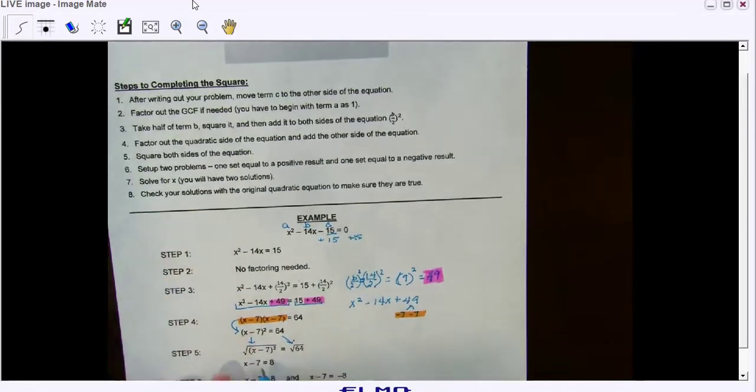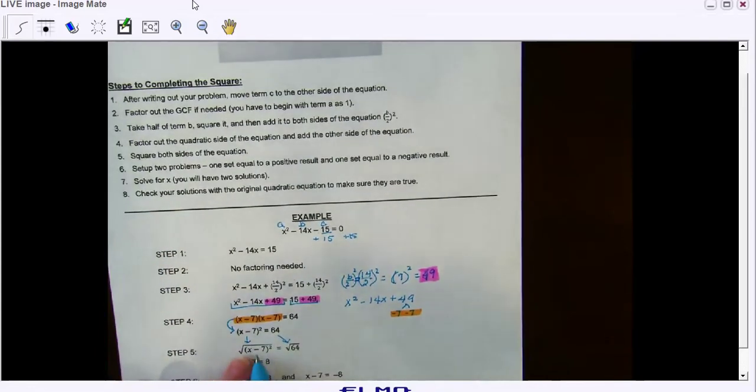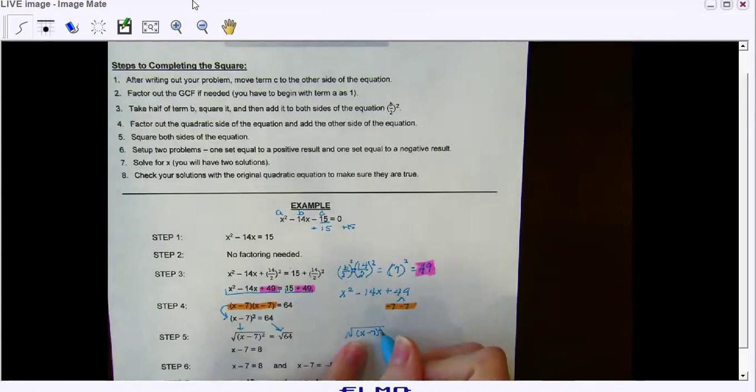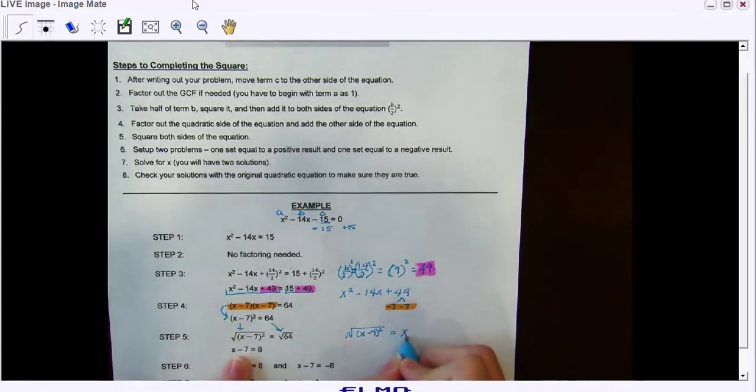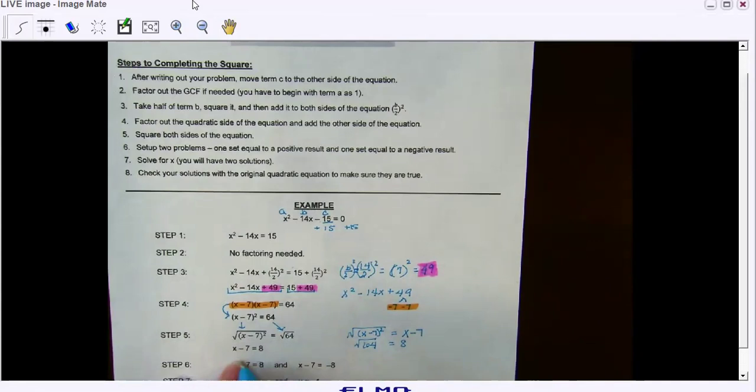So that when we square this, if I have anything in here that is already being multiplied by itself, the opposite of that is to square root it, and it becomes x minus 7. So you just pull this out as x minus 7. And then the square root of 64 equals 8. So this becomes x minus 7 equals 8. Okay.